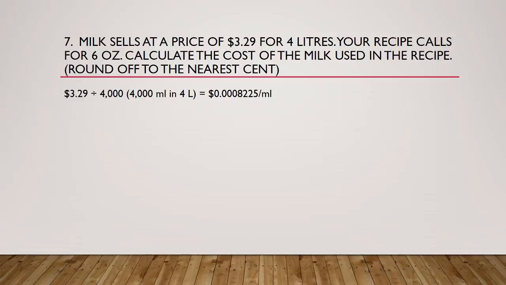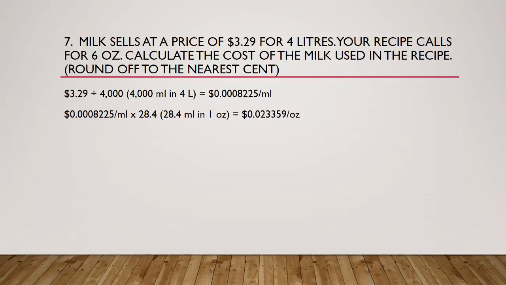So the first thing I'm going to do is take my total cost of $3.29 and divide it by 4,000, because there are 4,000 milliliters in 4 liters of milk. And there you see my cost per milliliter. Now that I know the cost per milliliter, I'll multiply that cost by 28.4 milliliters.